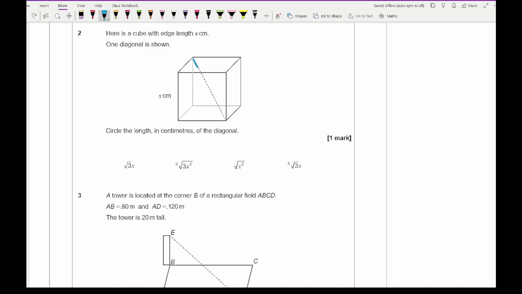So let's first of all highlight the length that we're wanting, which is this blue line, and I'm going to start by calling that x. If I then draw a right angled triangle that connects x, I get this triangle here. Now I know that the height of that is x, but I don't know what this length here is going to be.